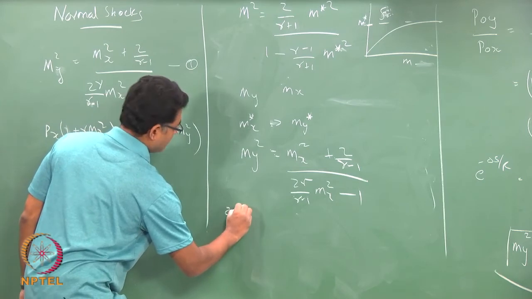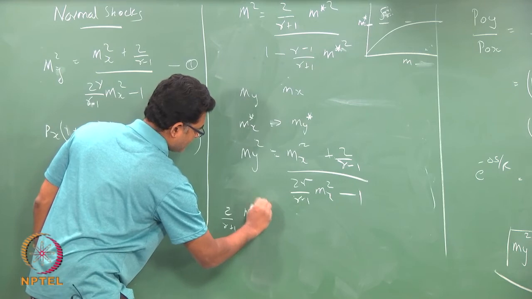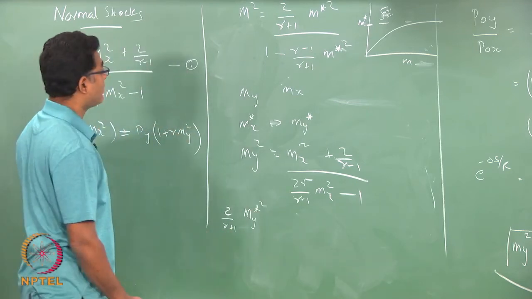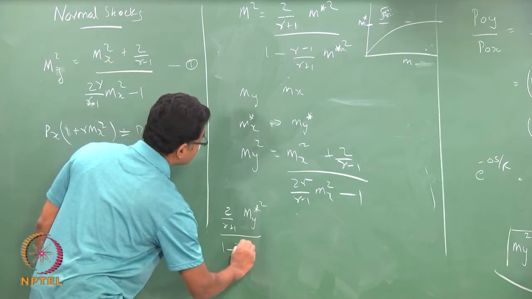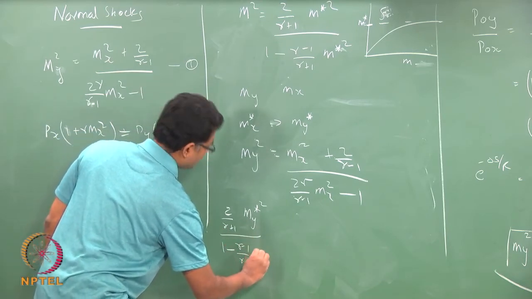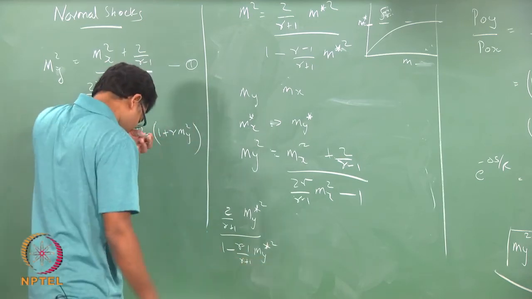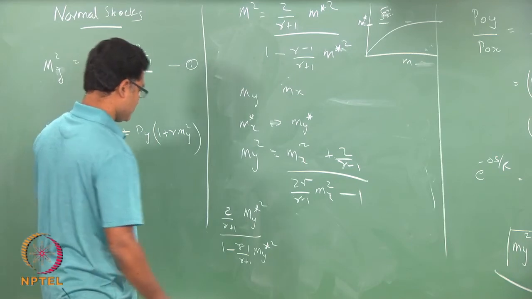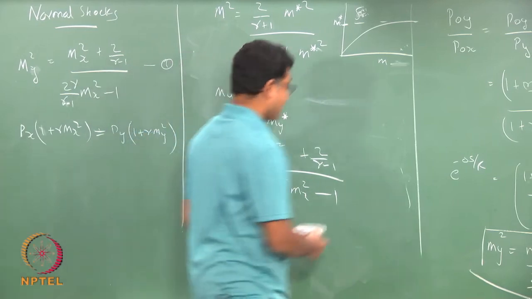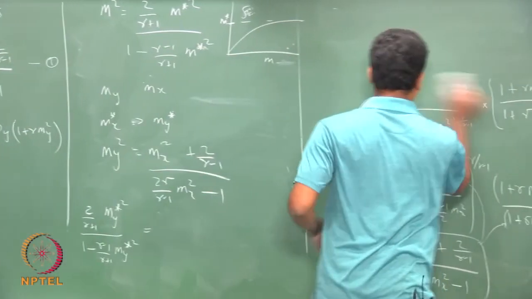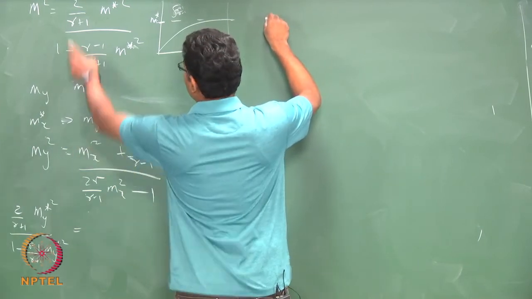This would be 2 by gamma plus 1 Mx star square divided by 1 minus gamma minus 1 by gamma plus 1 Mx star square equals. So, I would write it here so that I can write it comfortably.